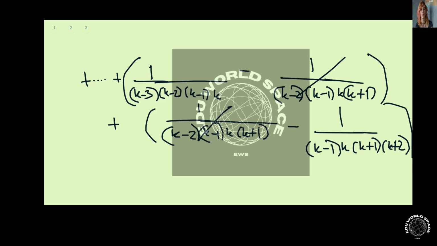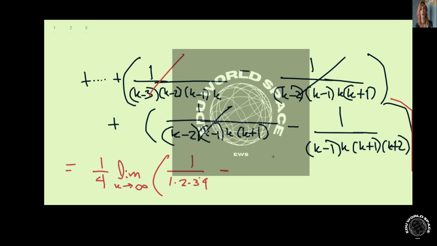Then everything except the very first term and the last term would have canceled. So remember, this whole time we had pulled out the limit and the 1 over 4 on the previous page. So we have 1 over 4 limit, k goes to infinity. After cancellation, all we're left with is 1, 2, 3, 4 over here.